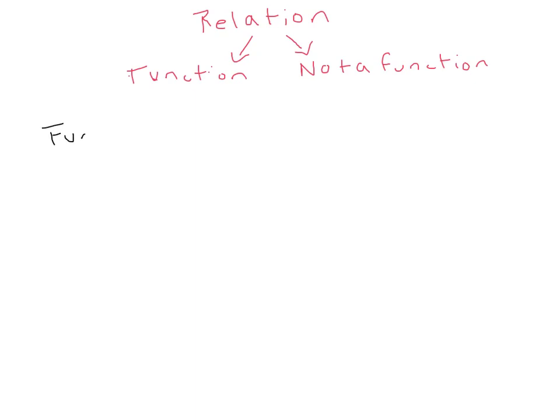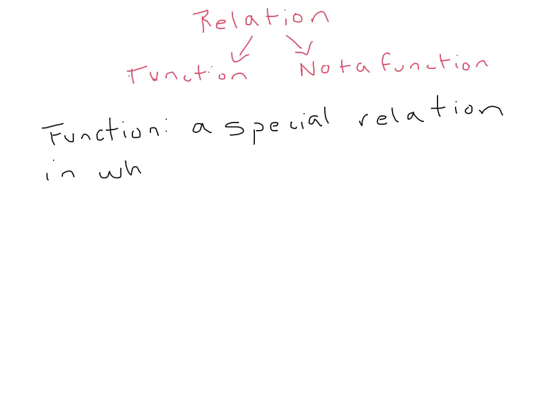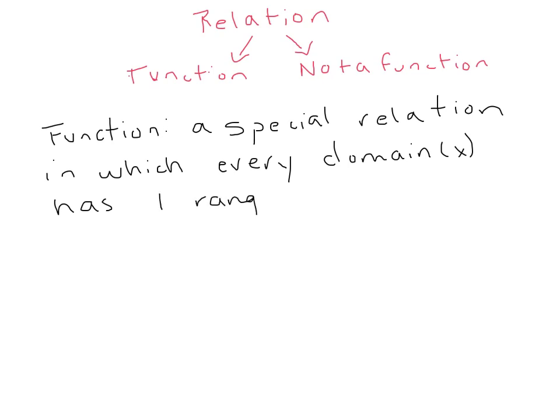So our definition of what makes something a function is going to be a special kind of relation in which every domain or x has one range value or y value. Right? It's a special type of relation in which every domain or x has one range.